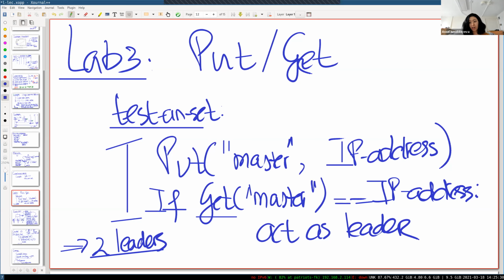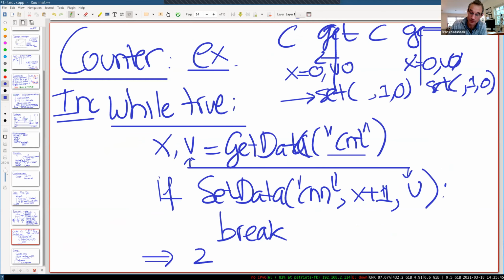The version, right? Yeah, so exactly. I didn't get to do that, but that was the point of the rest of the lecture: to talk about how you can implement test and set using the version numbers. And clearly, the increment suggests you can, correct? Because this is basically the same sequence. Right, okay, I see. Thank you so much.